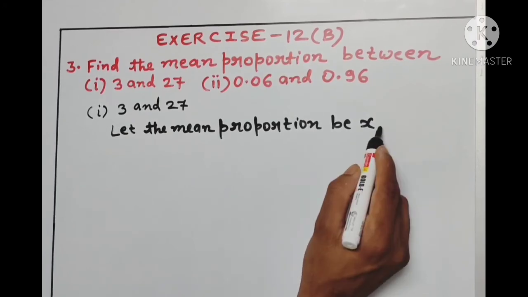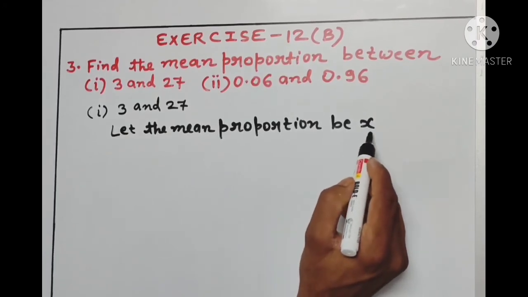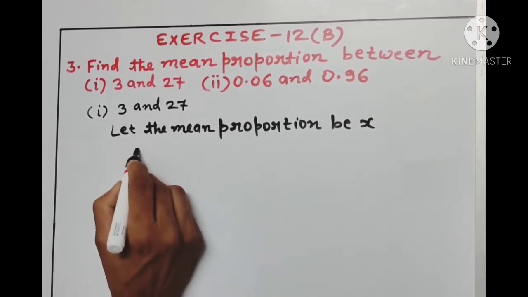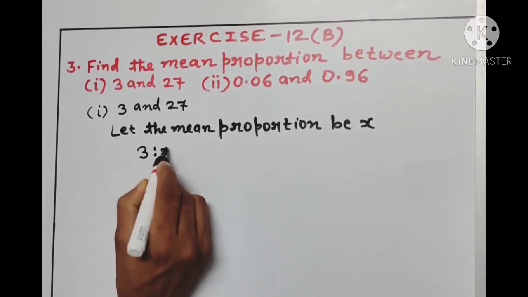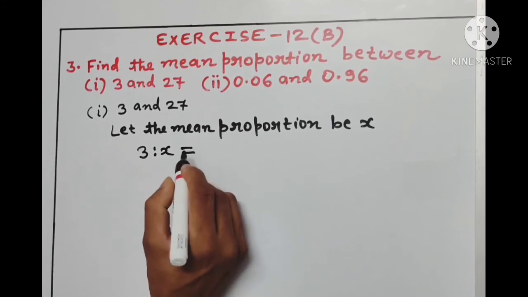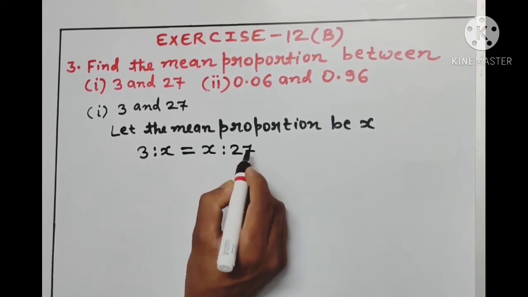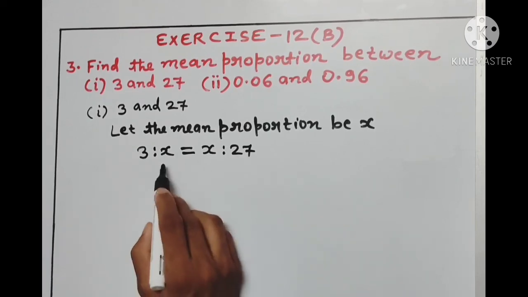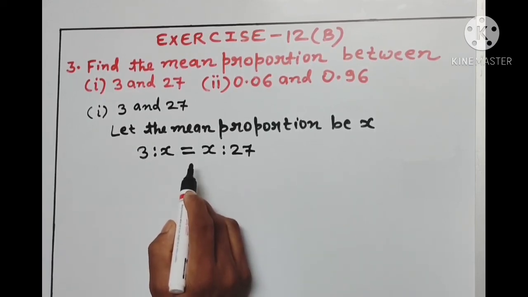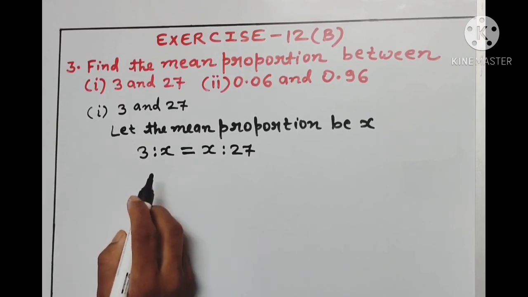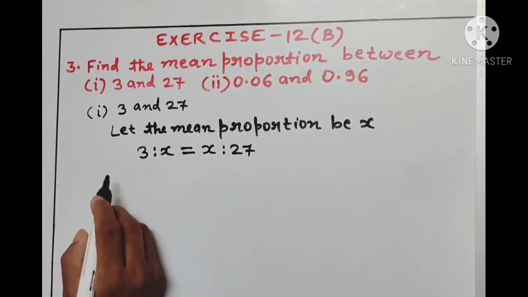Okay. So if the mean proportion is x, then 3 is to x is equal to x is to 27. Here both the ratios are equal. So we can apply the rule of the proportion, and you already know about it.